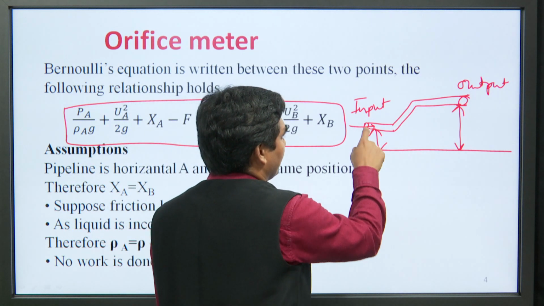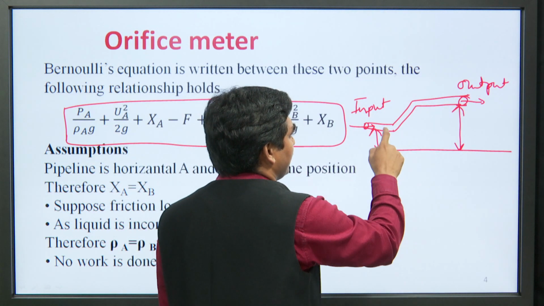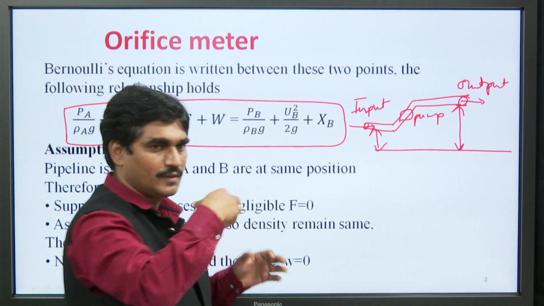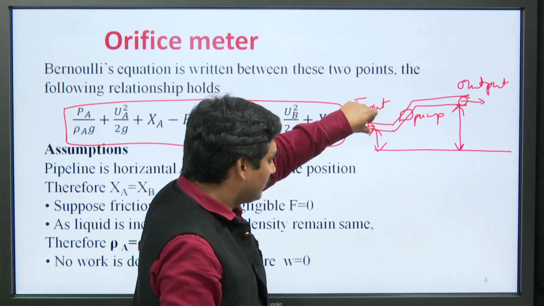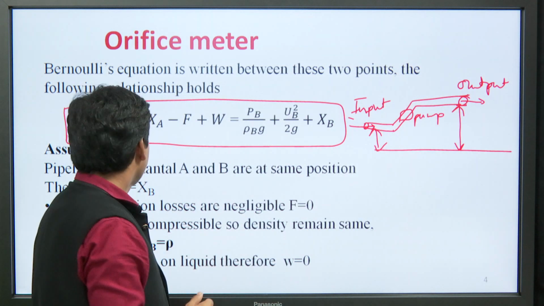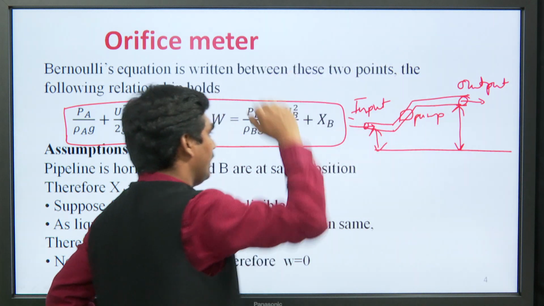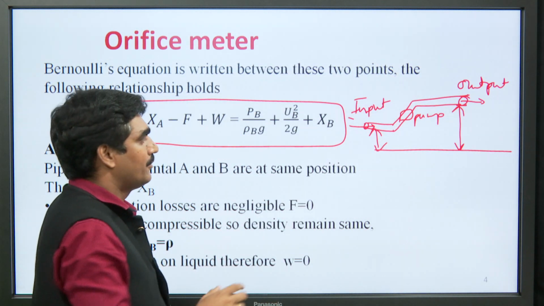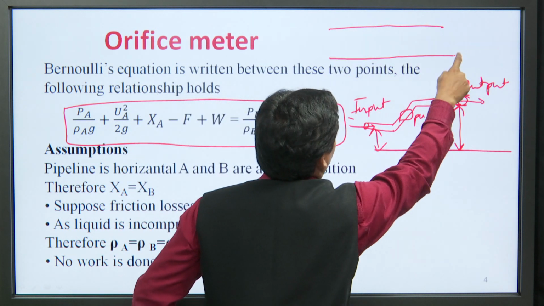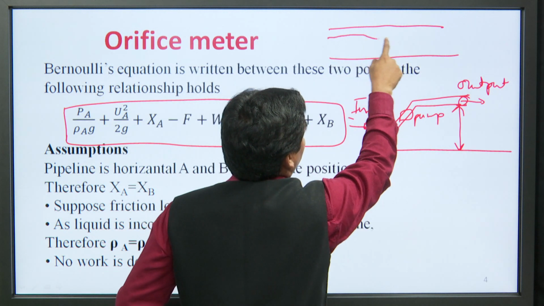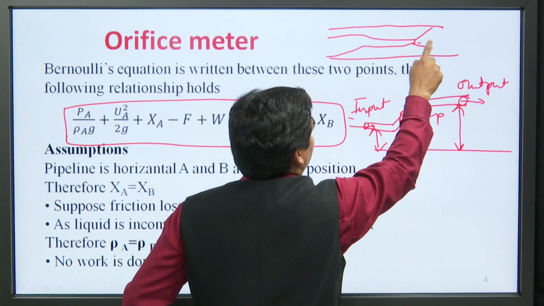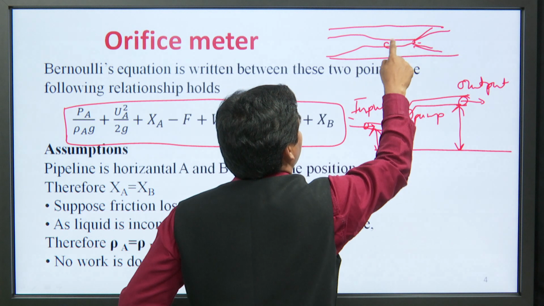So, with this the fluid was entering, here the fluid was exiting, here pump was attached which applies some energy to take out this liquid from this position to output position, okay, from lower region to higher region. But in orifice meter, if you will see the diagram of orifice meter, what happens? It is a horizontal pipe on which this type of narrow constriction is there.